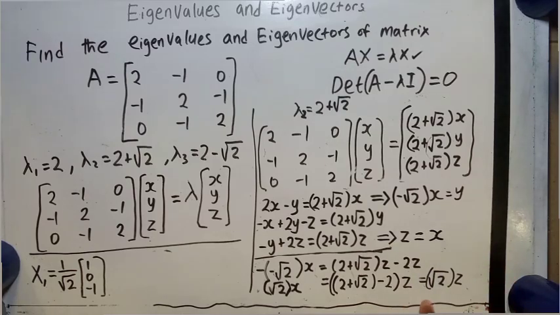X. Dividing both sides by root 2. This guy goes off, this guy goes off. Remember, it was this guy that gave us this guy. So this guy goes off, that guy goes off, and we're left with what? Z is equal to x.